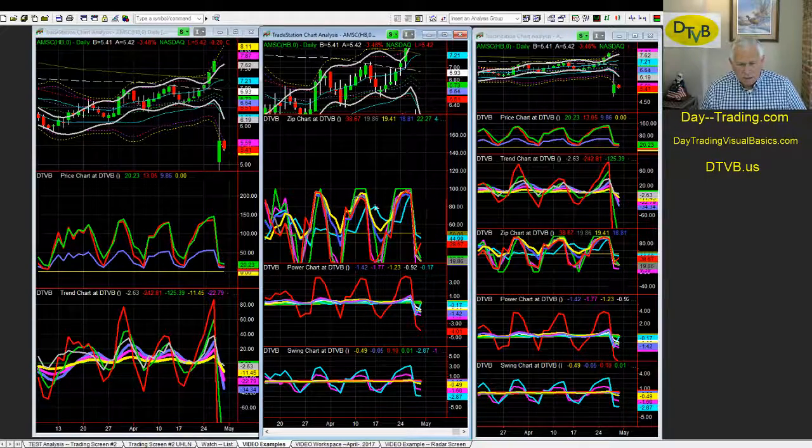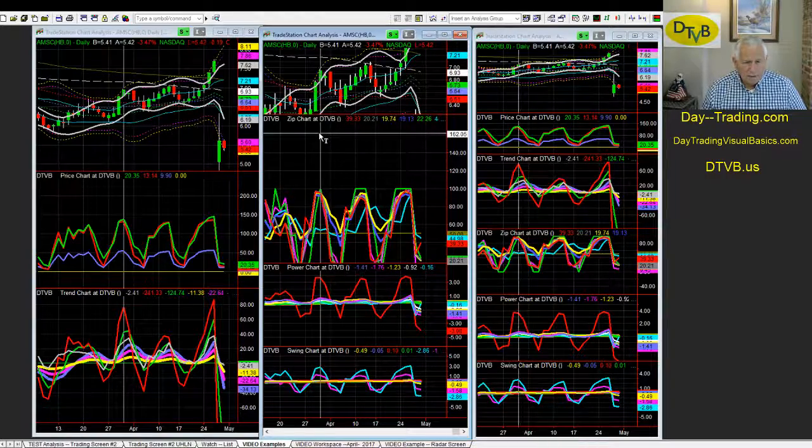I'm going to turn the tracker back on so that we have a little bit more understanding. Again, right here on this example, this is your pinpoint Zip green top. All your other 4 lines have gone down. Look at your power red down here.